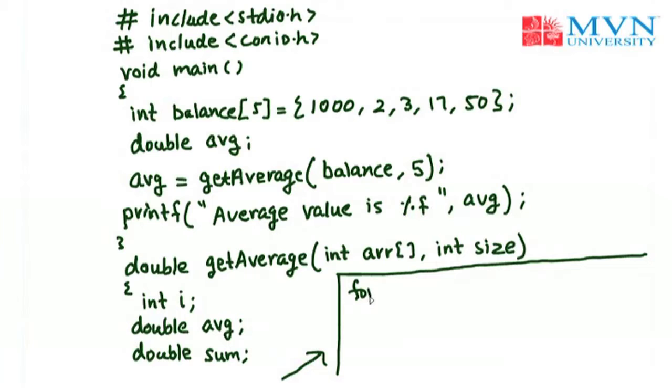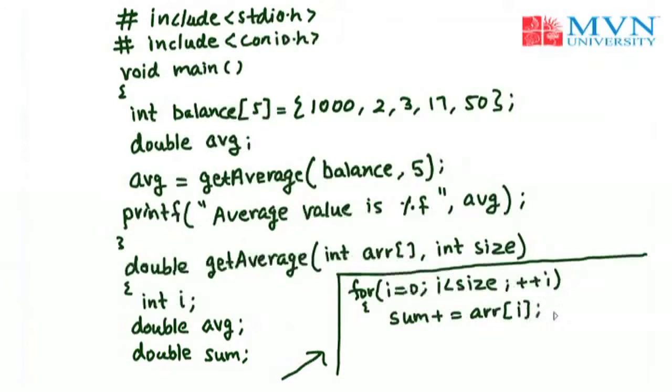Use the for loop for calculating the sum of all values stored in the array. i is equal to 0, i less than size, ++i, sum += arr[i]. Close the for loop. After calculating the sum, calculate the average with the formula average is equal to sum divided by size, and return the value of the variable average, that is return avg.